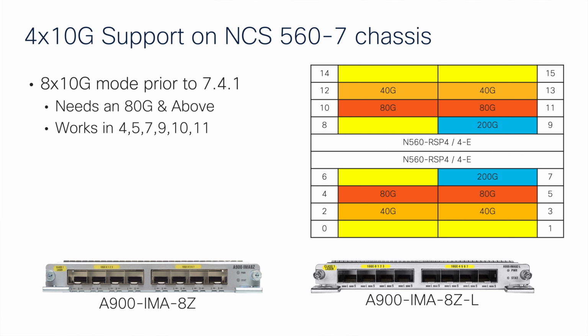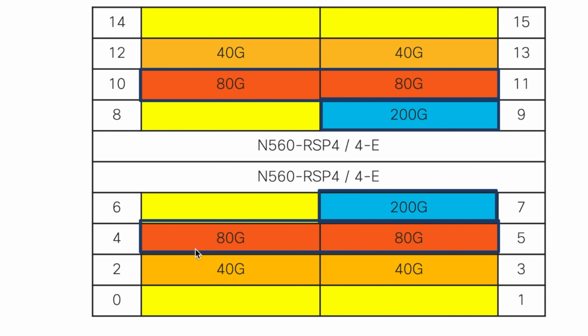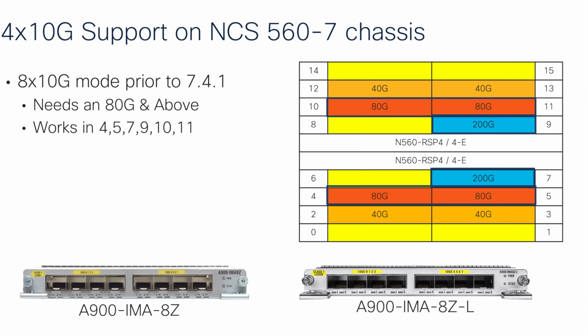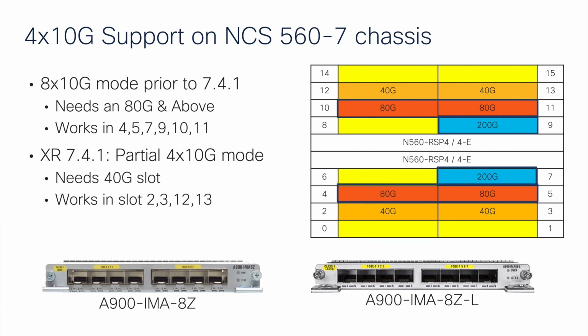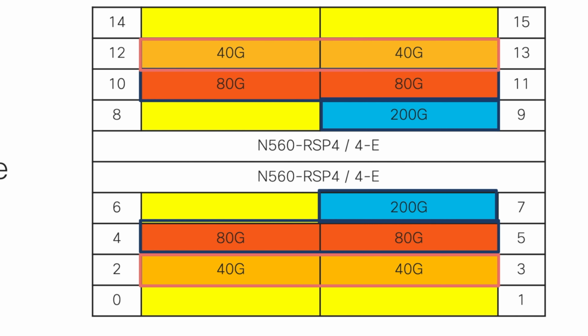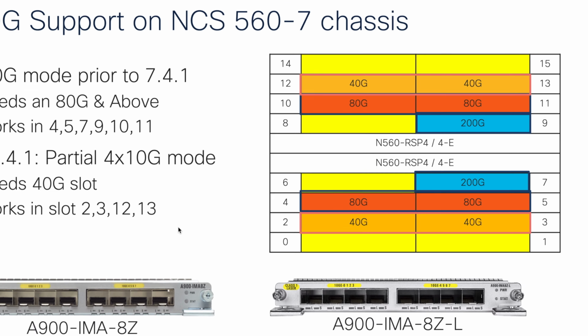So for the 560-7 chassis, only slot number 4, 5, 7 or 9, 10, 11 were able to host this particular IM. Now with 7.4.1, there is support for partial 4x10 gig mode. That means only 4 ports of these IMs will be available. So now I can host this IM in 7.4.1 in slot 2, 3, 12, 13 on the 560-7 chassis.